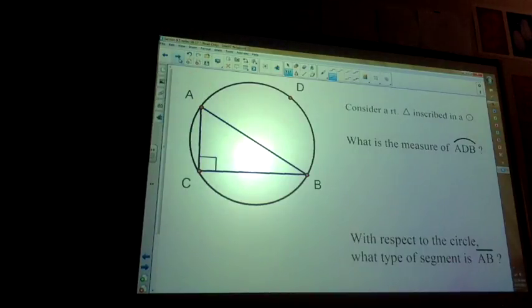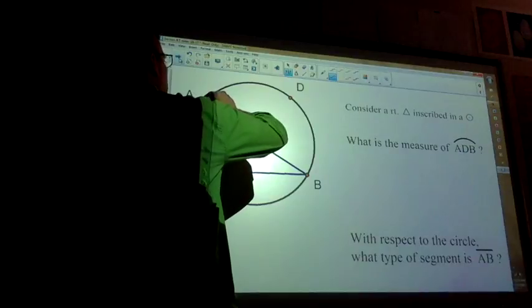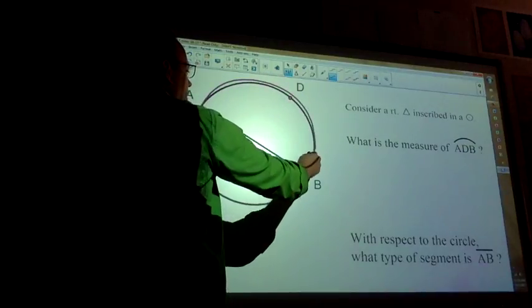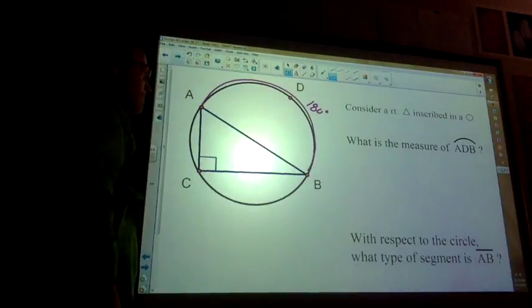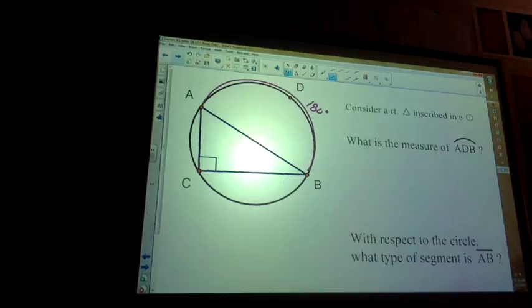All right. Consider a right inscribed triangle in a circle. What is the measure of ADB? What is the measure of this? And I heard 180. It's already written on there.